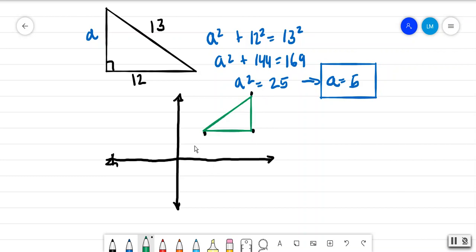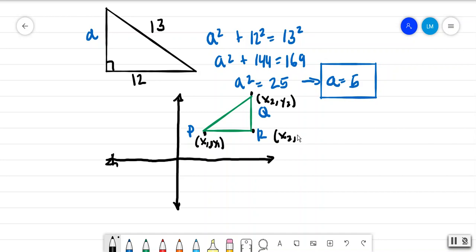Let's say this triangle had the coordinates x1, y1, and this had the coordinates x2, y2. We'll say this is the point P, and that's the point Q. Now, we'll say that R is the one with the coordinates x2, y1, but we're not really interested in that.